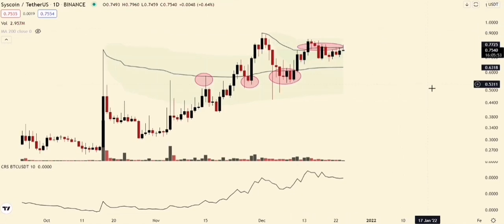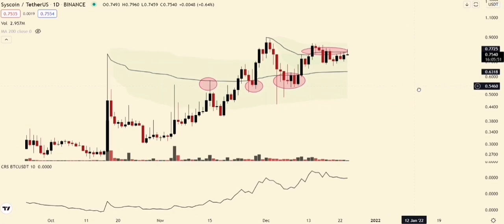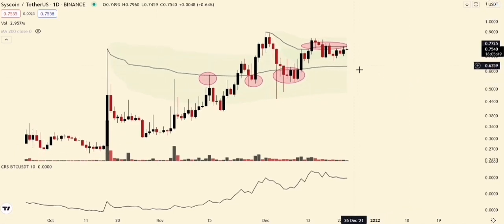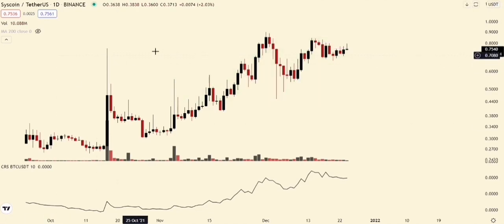So nothing too much to keep in mind on that. It's just that you can possibly give more flexibility by having a stop below this anchor VWAP rather than this low over here at 0.67. Just something that might be helpful for you in terms of figuring out a stop loss.